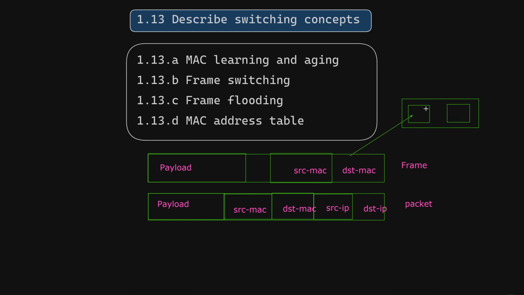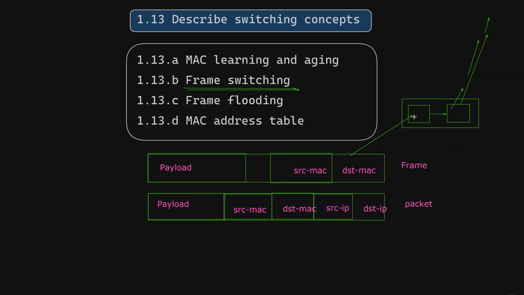This interface is the source of the frame, but your destination is connected here. So what will the switch do? The switch will shift the frame from one interface to the other interface, because the frame has to go to the interface where the destination is. That is nothing but the concept of frame switching.